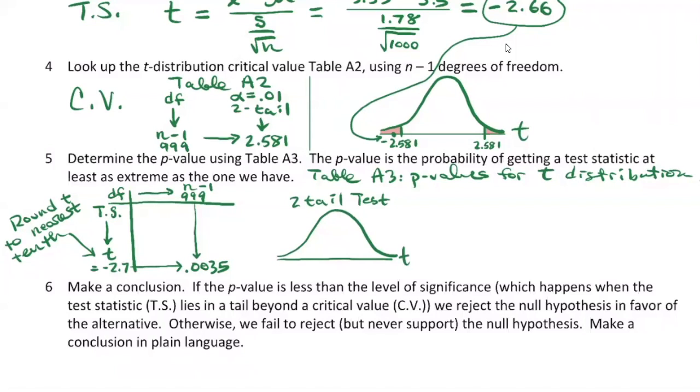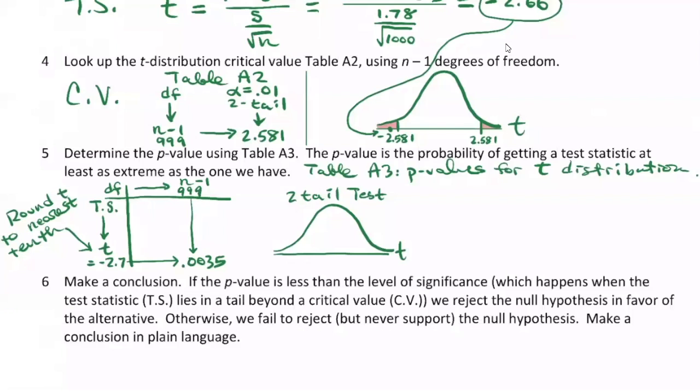My z-score is a negative 2.66. I'll put a negative 2.7 just to be sort of clear here. And the area we got was 0.0035.